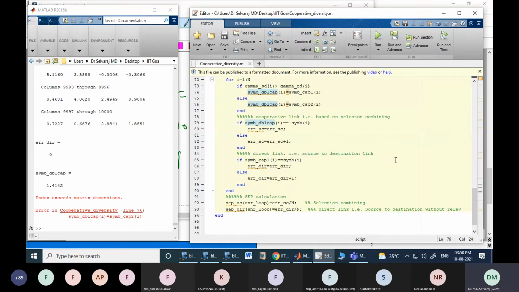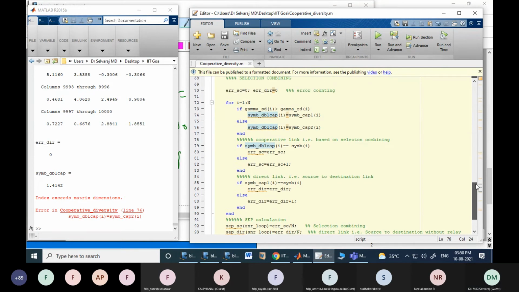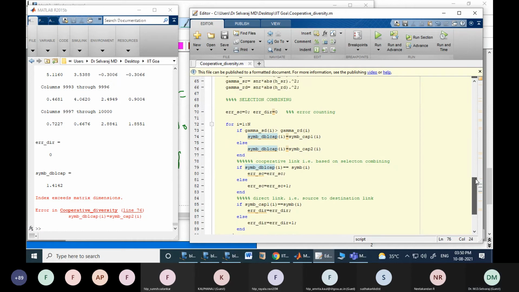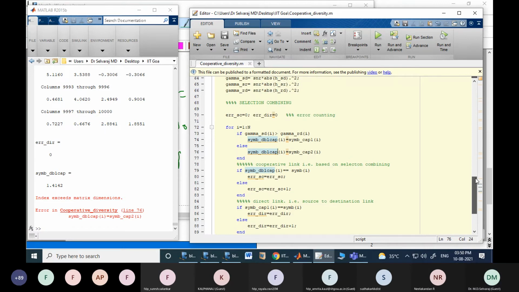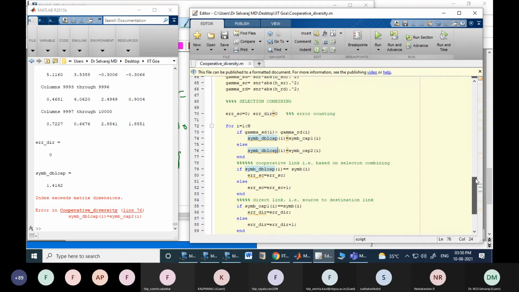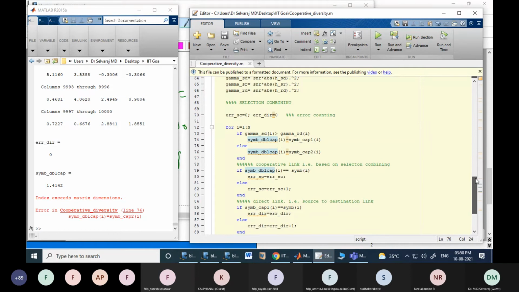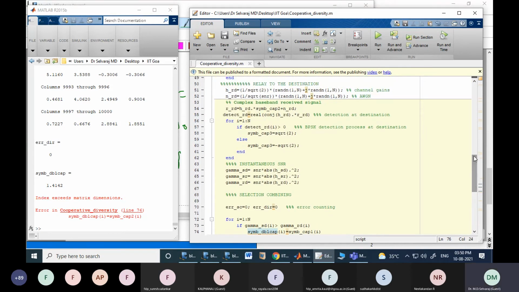Index matrix dimensions, S double cap I. Yeah, here it is. I just missed putting the index.